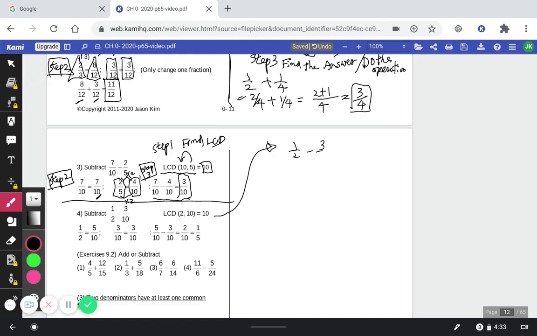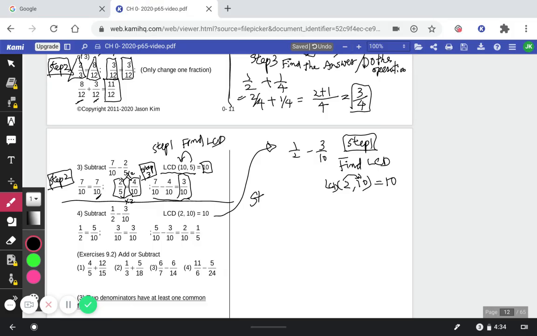Again, another one. 1/2 minus 3/10. Step 1, find the LCD. So the LCD of 2 and 10 will be 10, because 2 goes into 10 in this case.